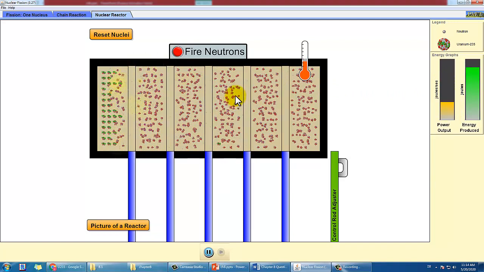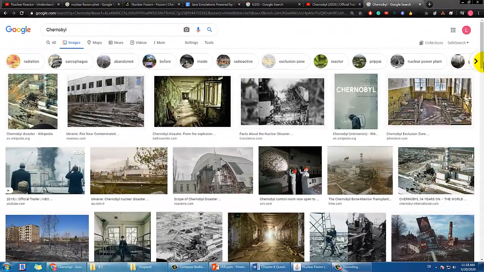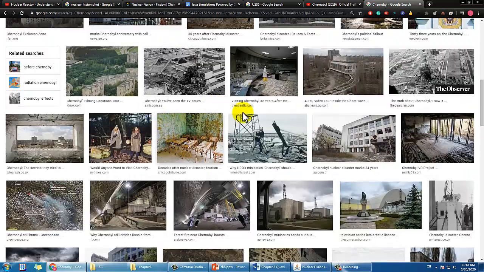But at the same time, from a practical point of view, sometimes you may find the temperature goes a bit too high. And the problem with that is the container of the power plant may risk melting down. And this is something that happened in some accidents in the past. One of the most famous nuclear accidents is Chernobyl in Ukraine. And well, you can see it from some pictures here.